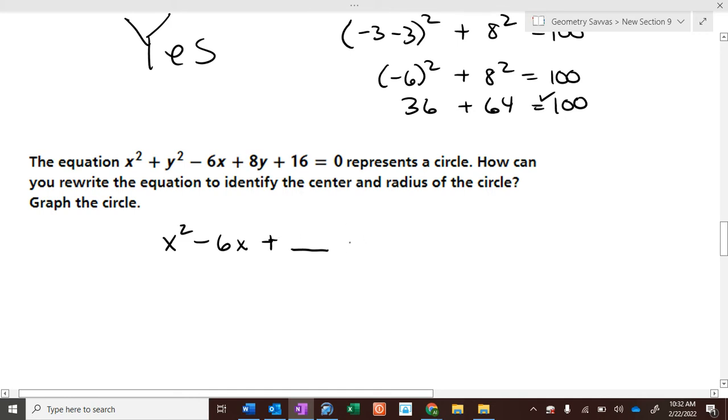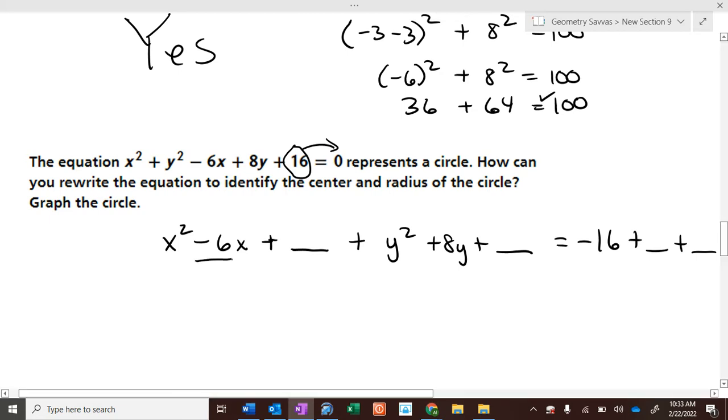And then we put the y's together. So then we say plus y squared plus 8y plus blank. And then whatever number this is, we move it to the other side. When we move it to the other side, it becomes negative. So it equals negative 16 plus blank plus blank. The blanks are important. To figure out what goes in the blanks, we take half of this and we're going to square it. What's half of negative 6?